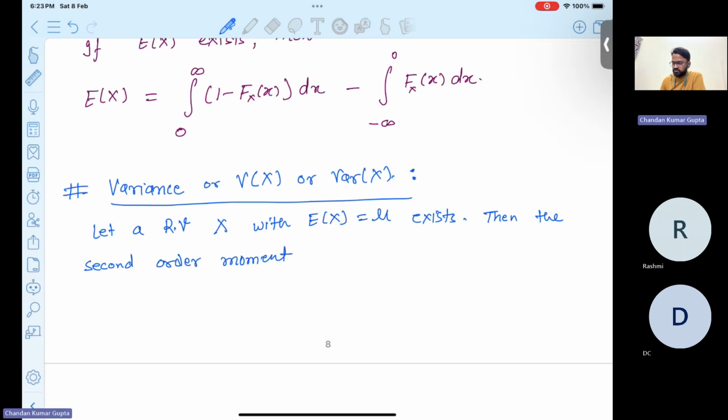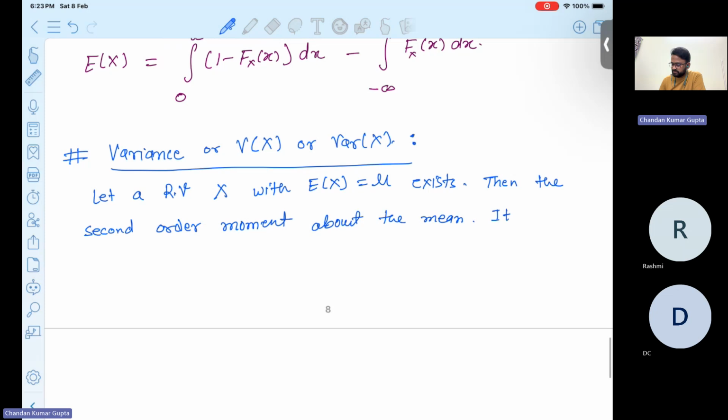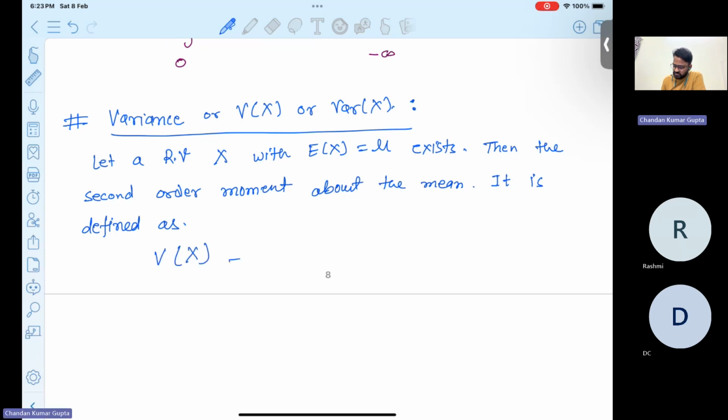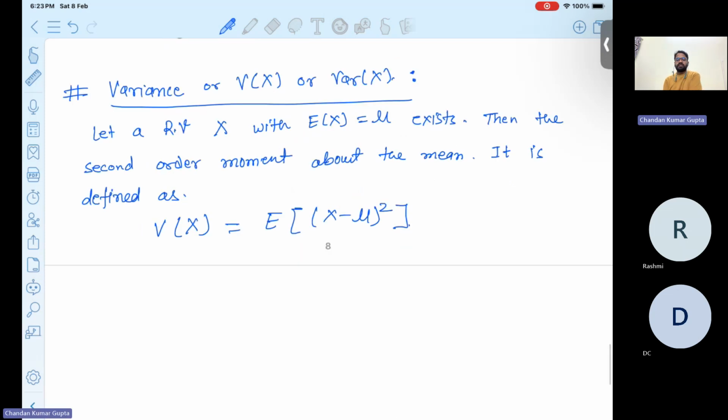Then the second order moment about the mean is called the variance, and it is defined as the variance of X equals the expected value of (X minus mu) whole square. So this is defined as a second order moment.